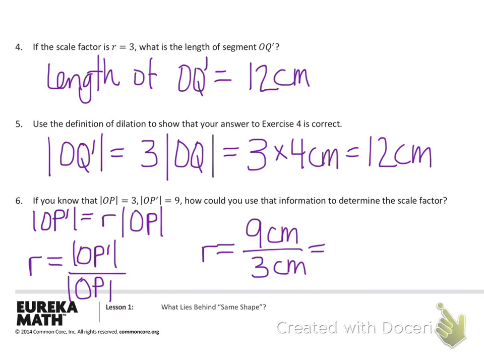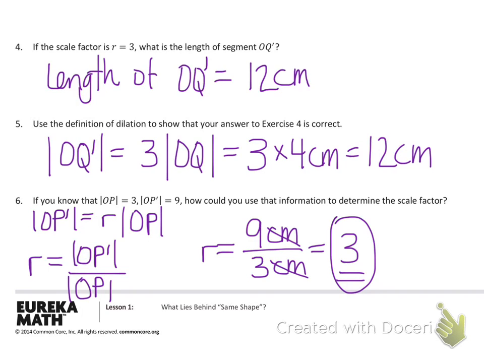So this scale factor is just 3. And notice scale factor does not have units. It's a multiplier only, okay? So centimeters cancels out, and we end up with just this unitless number that we multiply by. And that's important with scale factor, that it doesn't have units.